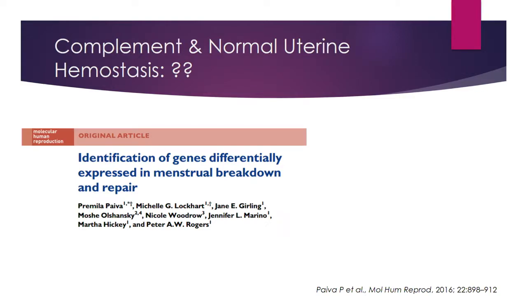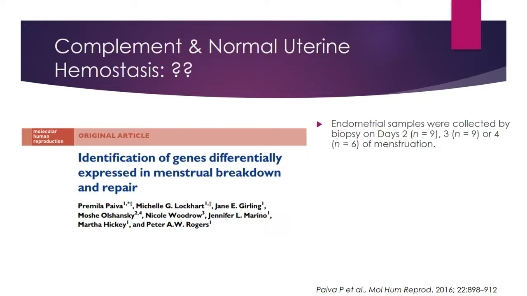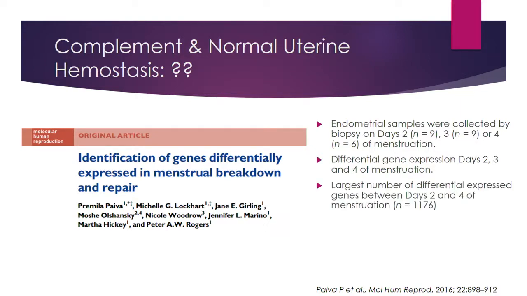And then there's this one article that talked about changes in gene expression in menstruation. Here they took endometrial samples collected by biopsy on days 2, 3, and 4 of menstruation. Some of these people had abnormal menstruation, heavy menstrual bleeding. They looked at differential gene expression on days 2, 3, and 4, and found that the largest number of differentially expressed genes were between days 2 and 4 of the cycle.